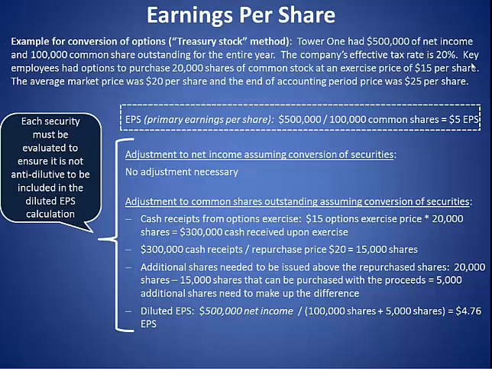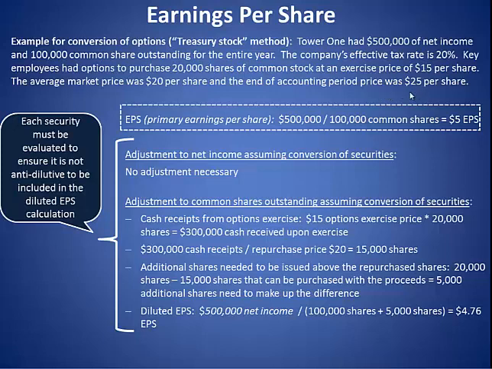Key employees were given options to purchase a total of 20,000 shares of common stock, and they can purchase the stock at a price of $15 a share. The average market price was $20 a share during the year, and the end of the accounting period price was $25 a share.